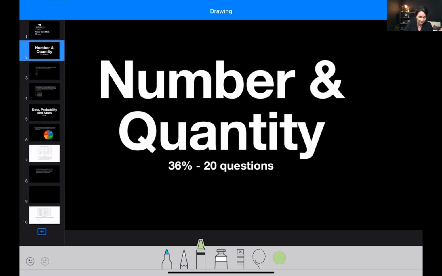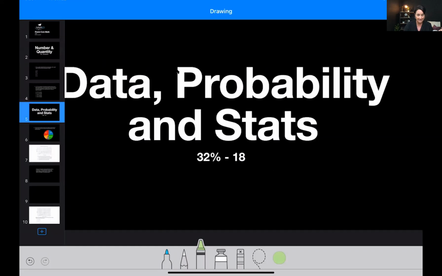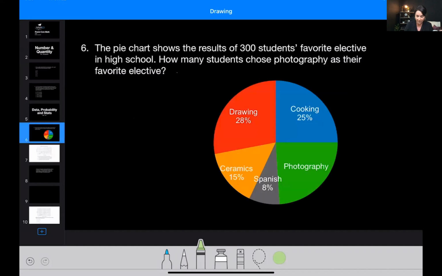For example, even in my data, probability, and stats section, a question dealing with percentages is still a number and quantity question. So a lot of these questions overlap and can be assessed in several different areas. We'll mention that as we get through them, but I just wanted you to know that.